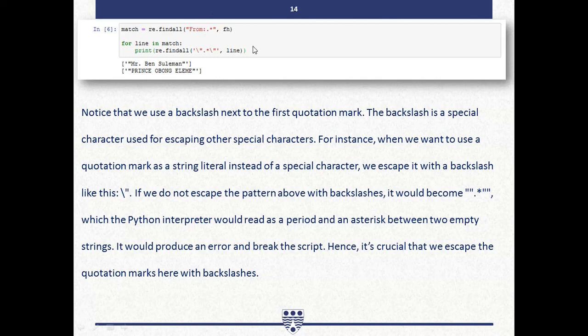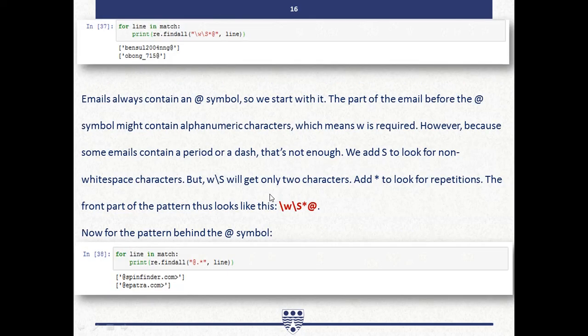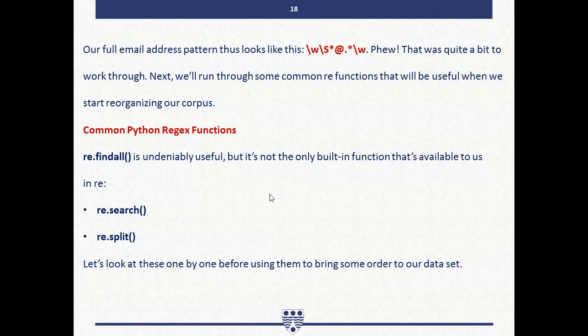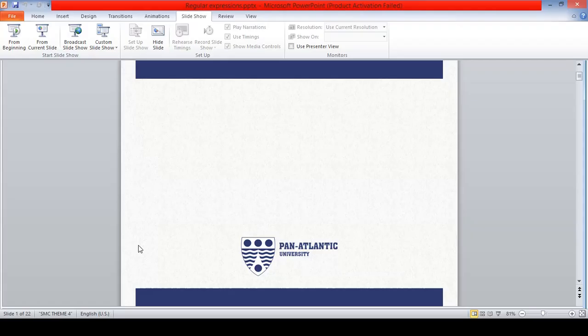We derived the pattern for getting the name from the corpus. Then we added getting the pattern for the email addresses of the people that sent the email, right? So then we continued by looking at how to use other common functions in regular expression, like the search and the split. Okay, does that make sense?